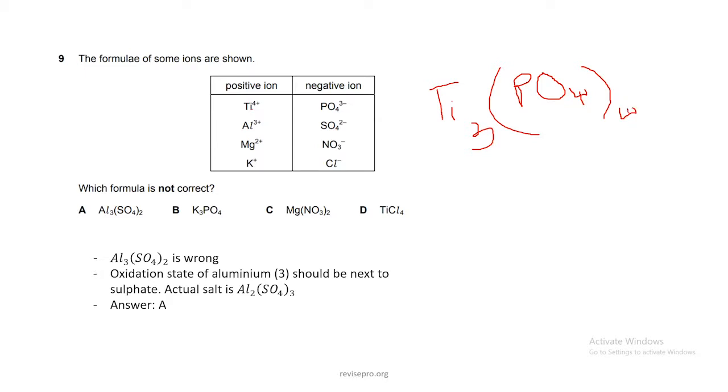So notice how 4 here is the charge of titanium ions, and 3 here, the charge of phosphate ions, is the number right next to titanium. So this is how you would determine the formula of a salt. And so it's just a process of elimination. You'll arrive at aluminum, and you'll see that option A, aluminum sulfate, is wrong. The actual formula is Al2(SO4)3. So your answer is going to be A, which formula is not correct.